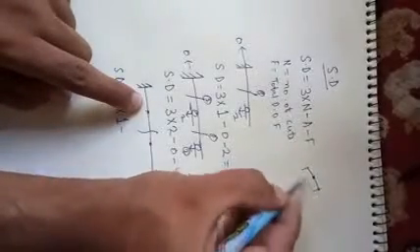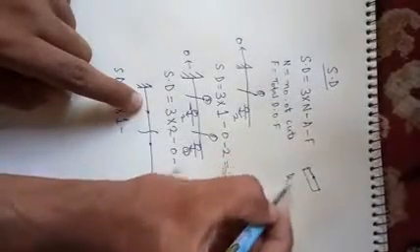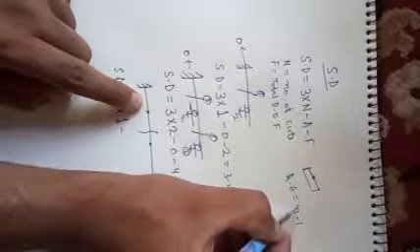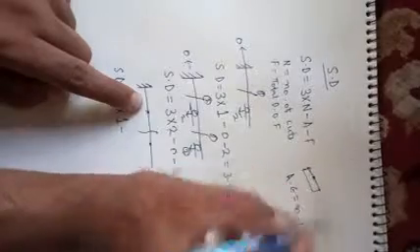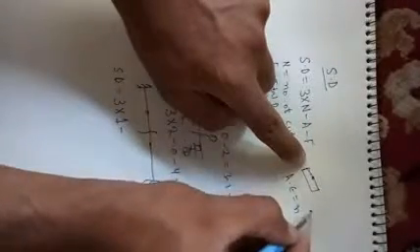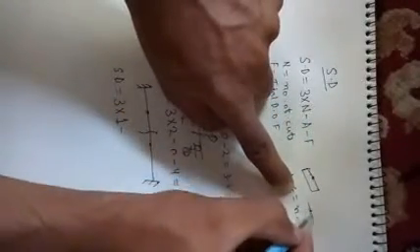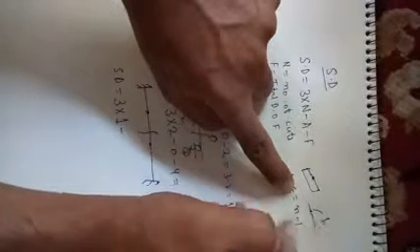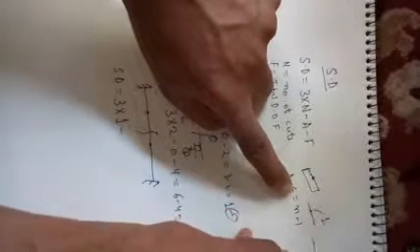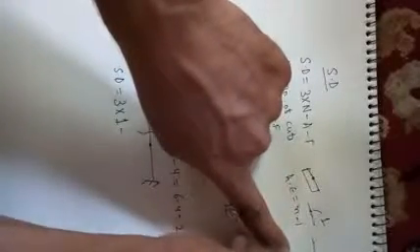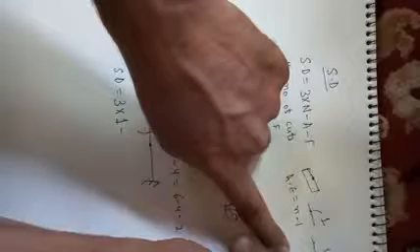You have to remember one thing, that the additional equation due to a hinge is equal to n minus 1, where n is the number of members which are connected to the hinge. Suppose this is a hinge, it is connected to two members. For this the additional equation is 1, and if it is connected to three members, the additional equation will be n, which is 3, minus 1, that is 2.